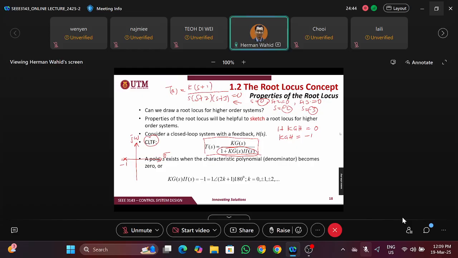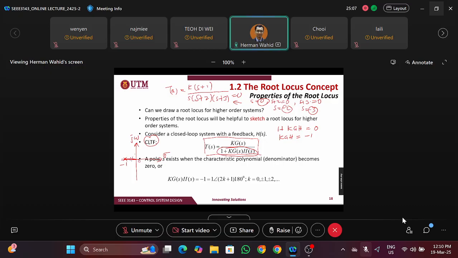Right. It is located at -1, a real number. If we consider the vector here, for -1, the magnitude from 0 to -1 is equal to 1.